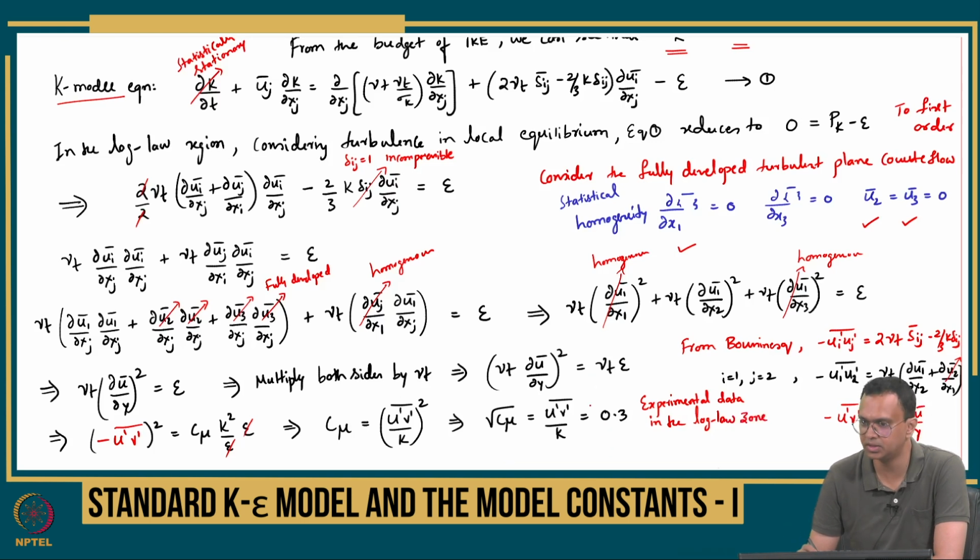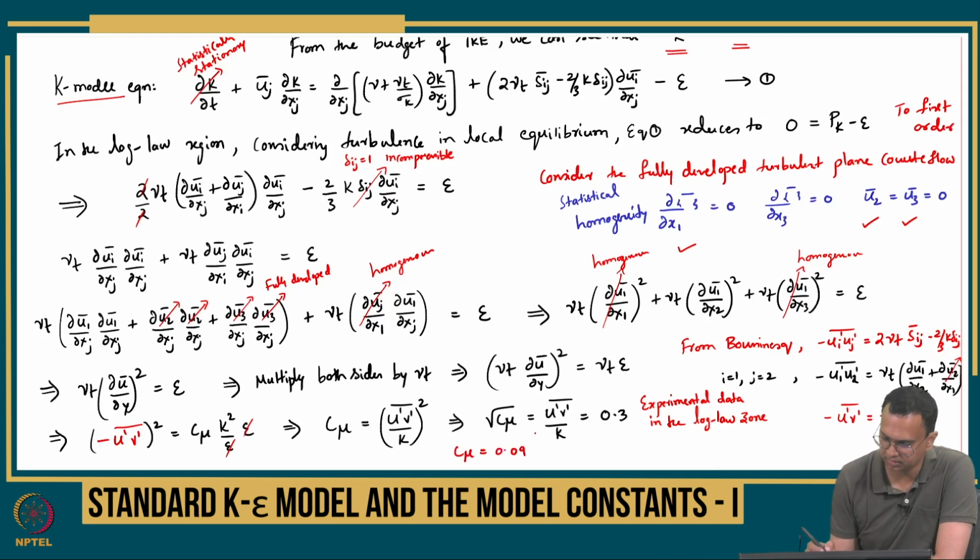That 0.3 is the ratio of the turbulent shear stress to turbulence kinetic energy. So with this I get C mu equal to 0.09.